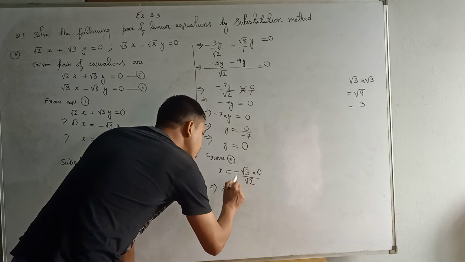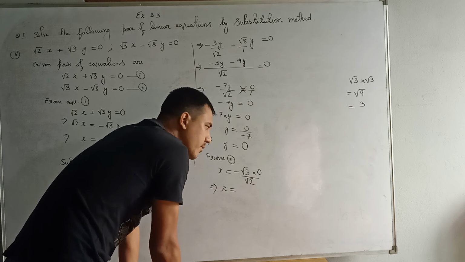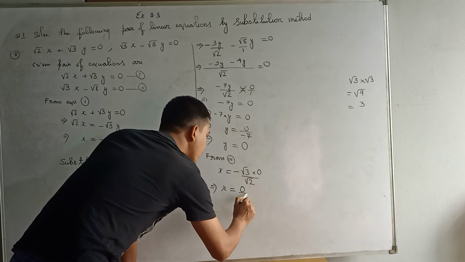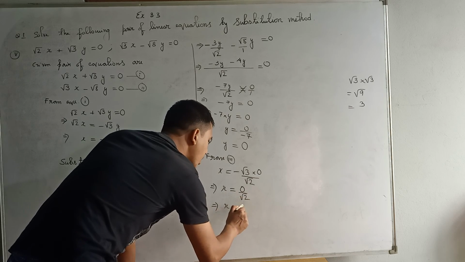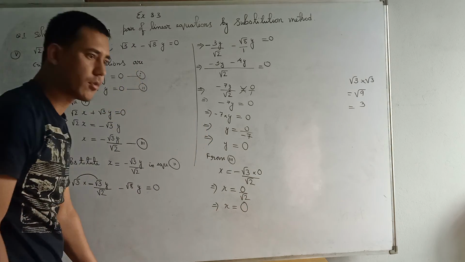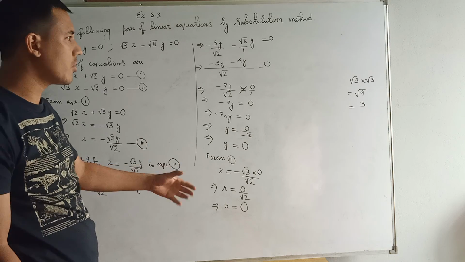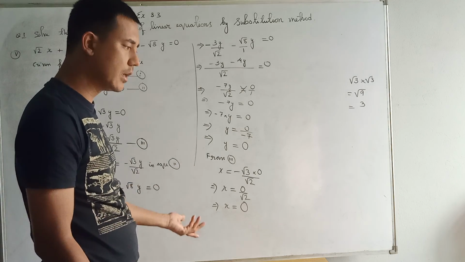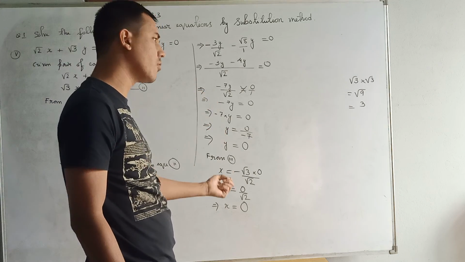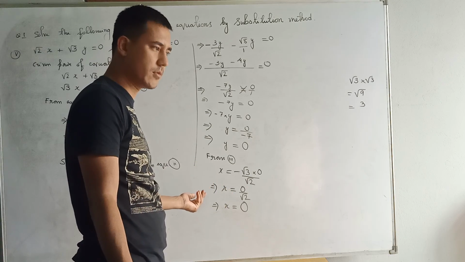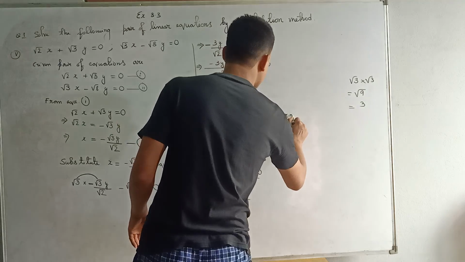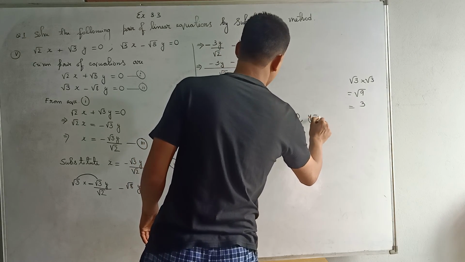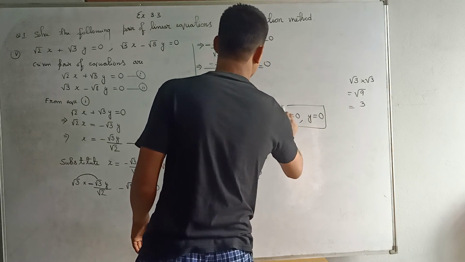So x is 0 upon square root of 2. If the numerator is 0, the overall result is 0. A denominator of 0 would lead to an undefined answer, but with numerator 0 the result is always 0. Therefore x equals 0, y equals 0 is your solution.